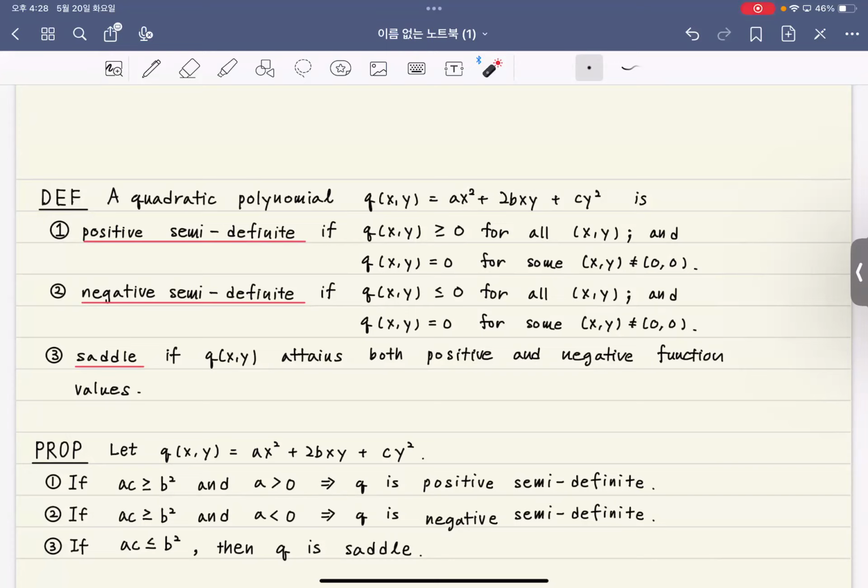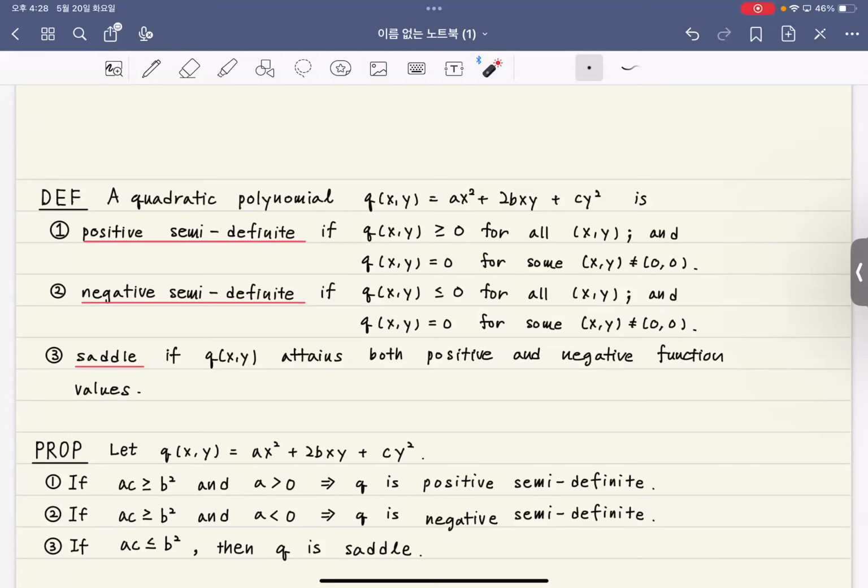Also, I want to introduce the notion of the semi-definite quadratic polynomial. Semi-definiteness is a relaxed condition compared to positive definite polynomials. So let me follow the definition.